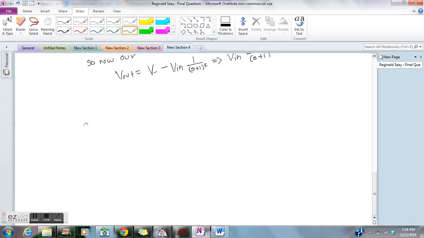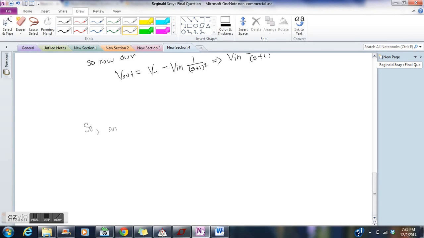So we can say our transfer function H of s, and H of s usually represents the transfer function, is equal to s squared plus s minus 1 over s plus 1 squared.